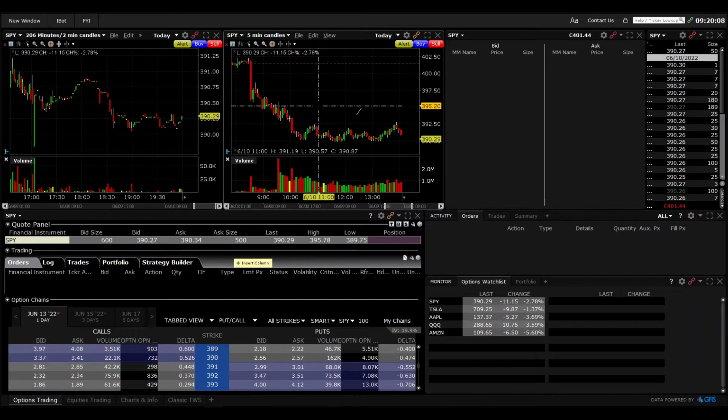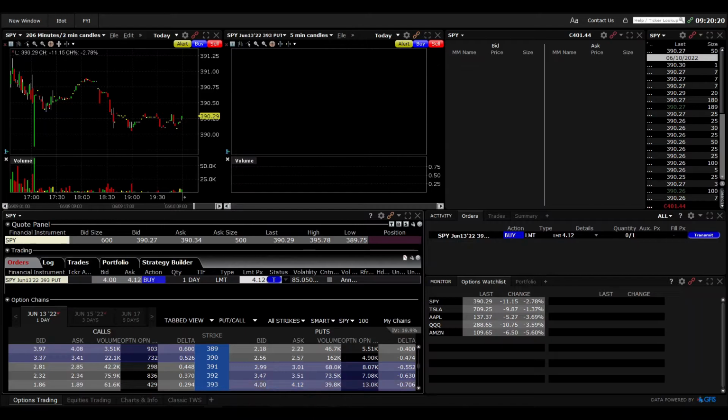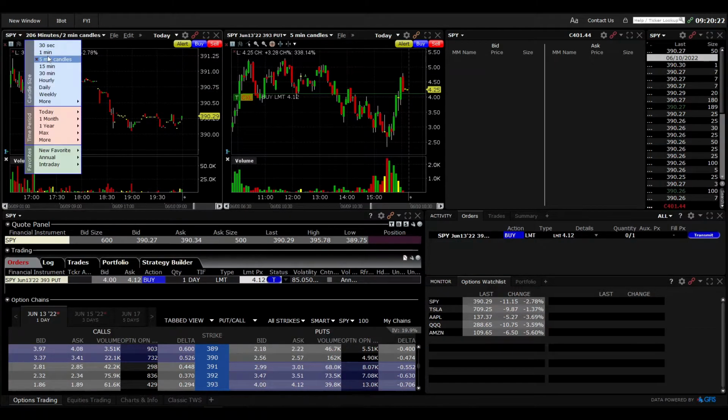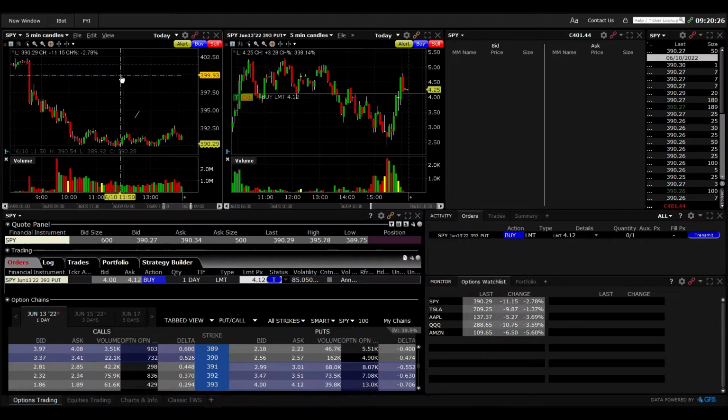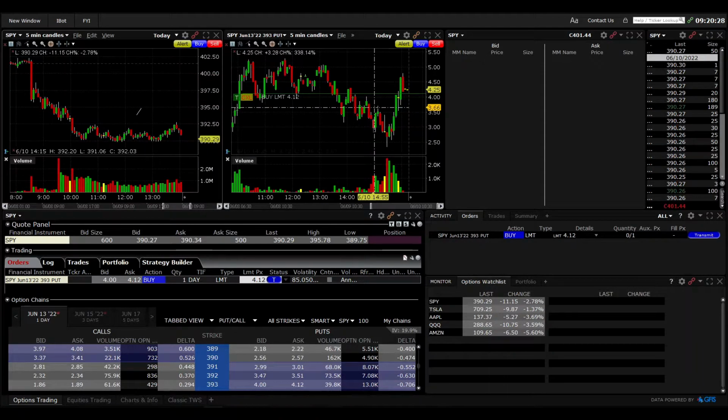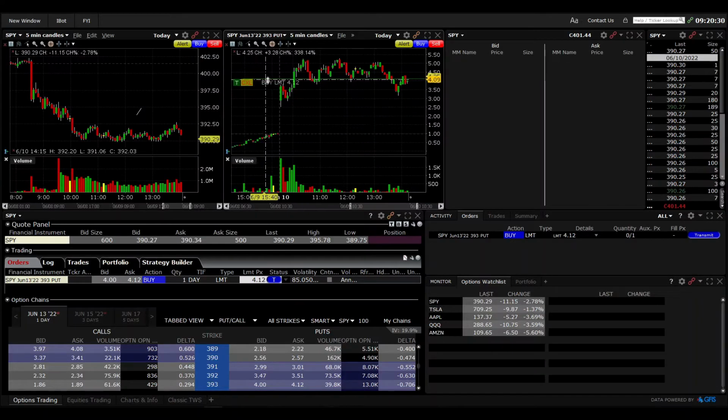So let's go through another trade example again, this time on the SPY. So let's say we were going to take that 393 break on Friday, and let's look at the 393 strikes. Okay, so the 393 strikes, so basically we would have entered right around here.